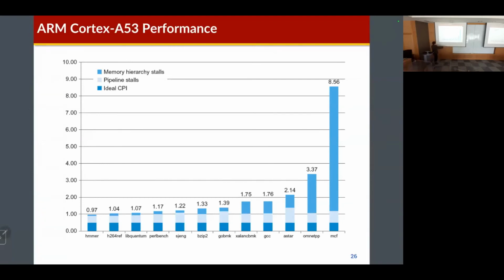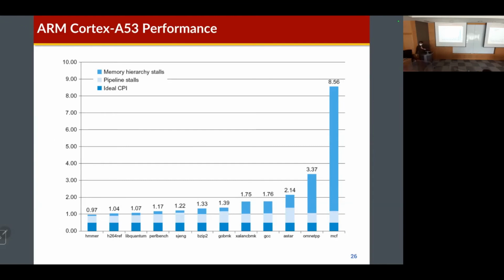Even though this benchmark shows the highest performance, it still shows a CPI of 0.97, which means it's about 2x slower than the ideal performance.